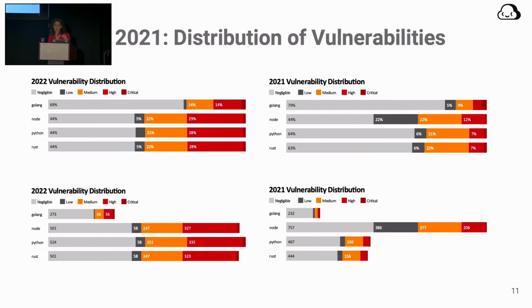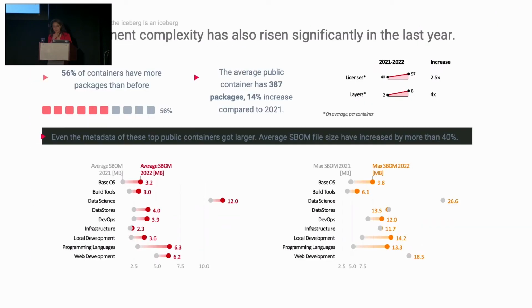But when you dive deeper into that superficial, high-level vulnerability count, even for Node, I don't know if you can see the details, but the number of critical incidents, the high vulnerabilities, have increased significantly, doubled in terms of percentages. So let's move on to the next category of findings.